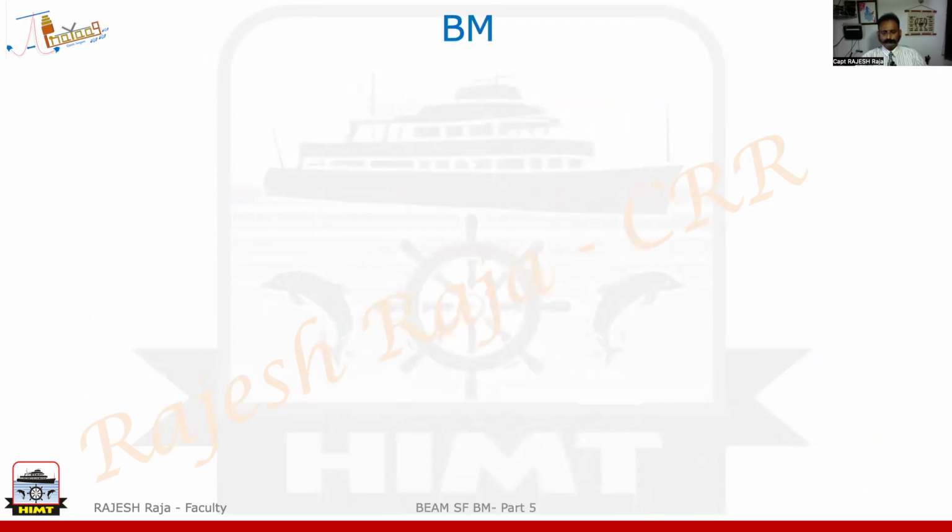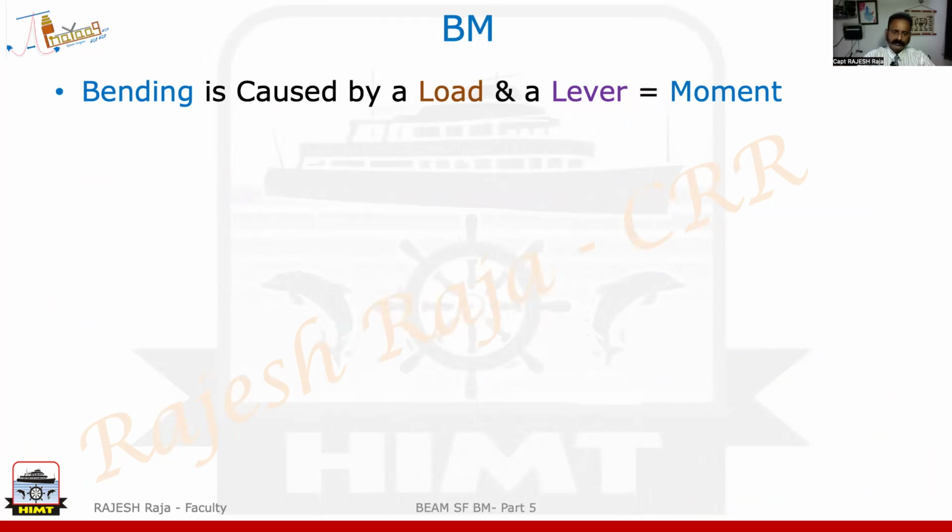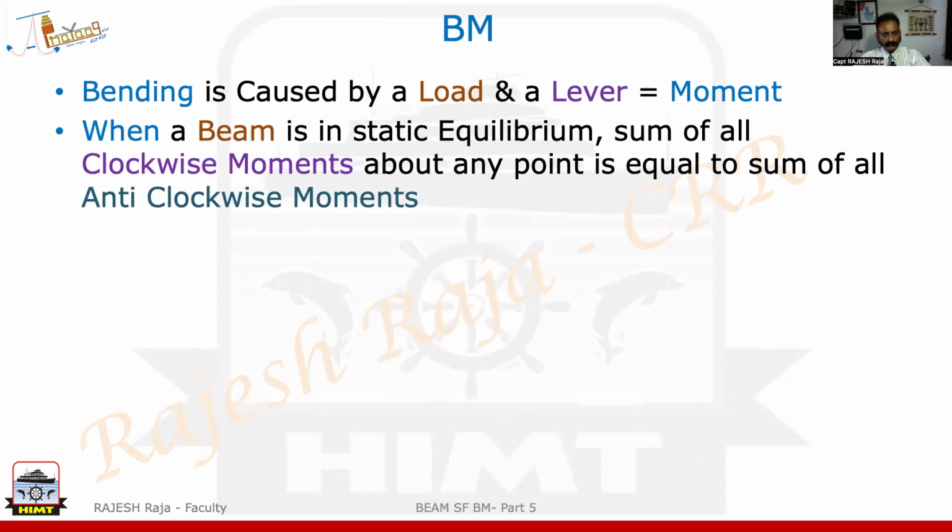Let us go to BM. BM is the one which causes a lot of confusion. With SF, usually not many people make mistakes, but BM is the place where a lot of people make mistakes. So what is bending? Bending is nothing but a load and a lever, so it creates a moment. That is why it is called bending moment.